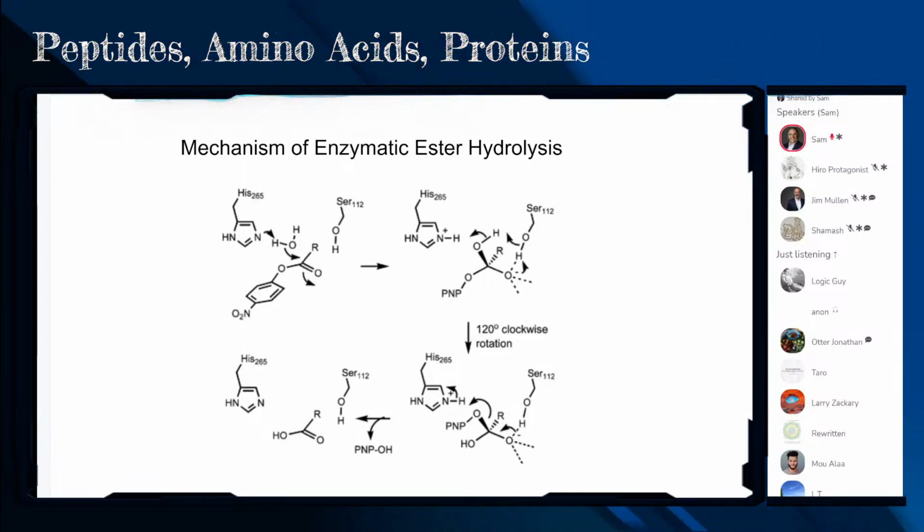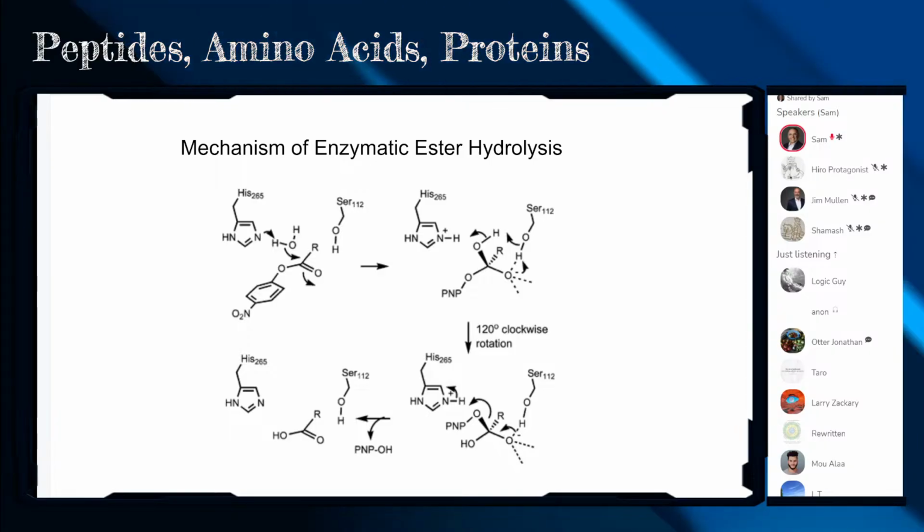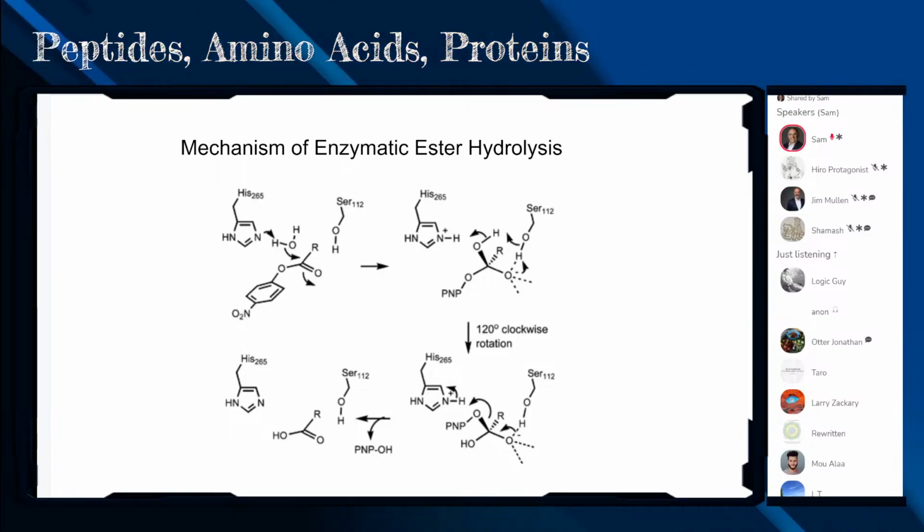That it all ended up being L. But it's also a little bit, we're kind of cheating a little bit too, because we're basically saying, what's the definition of L? L is an enantiomer that interacts biologically.